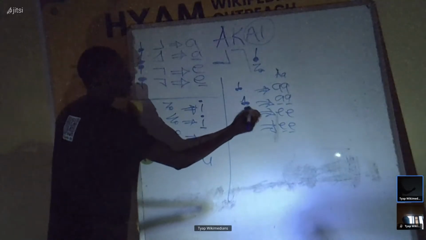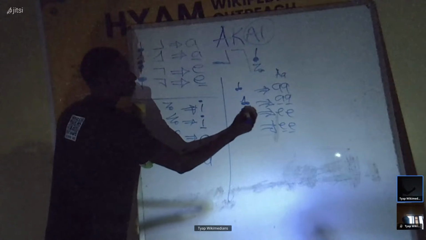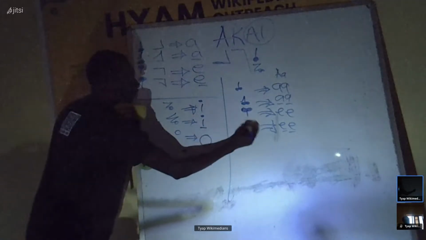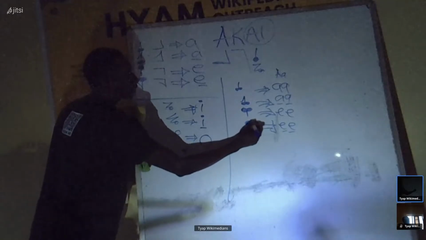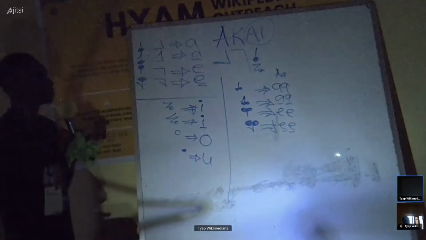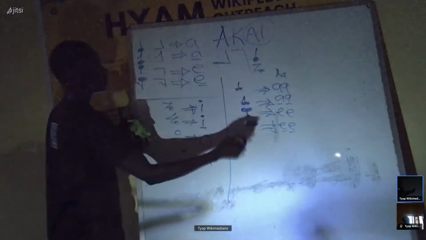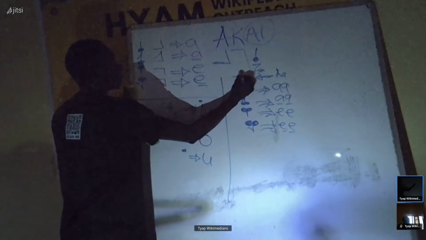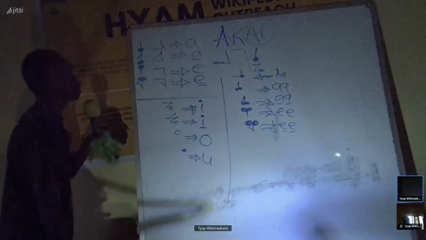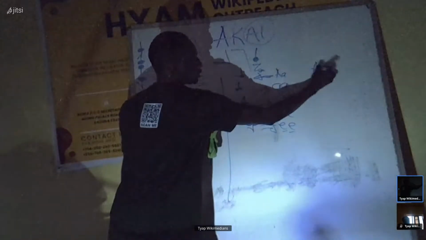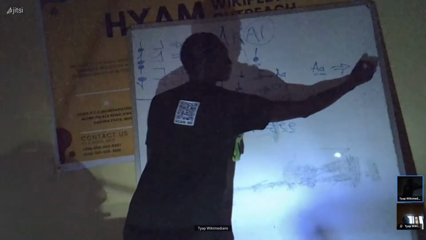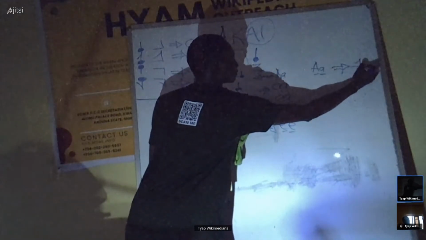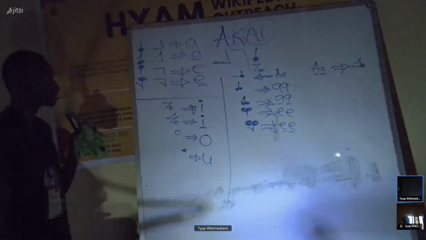You have A, and then we'll have N. In case you have something like this, you render it this way. This is the same thing with this one.